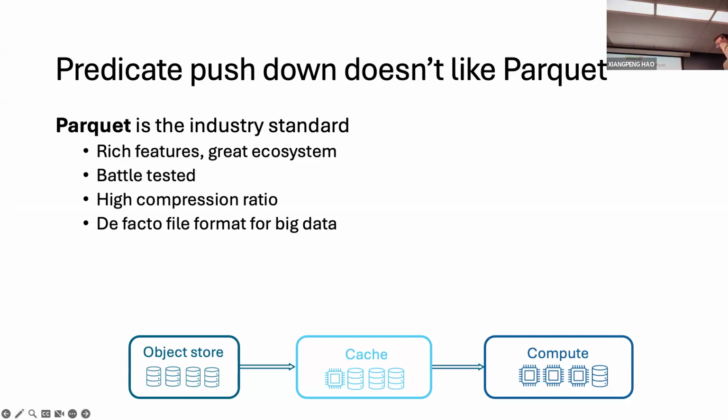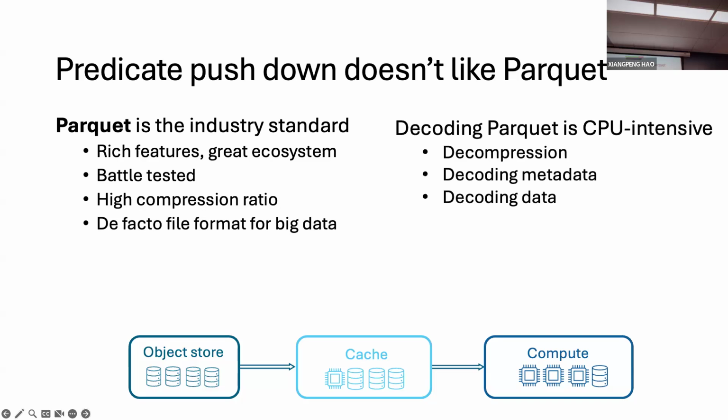It has a rich set of encodings suitable for every workload, and it never loses data, and it compresses well, so when you store files on S3, it's not going to charge a lot of money. It's the de facto file format for big data. So everyone by default uses Parquet unless you have a specific reason like us. And we also use Parquet. We don't change Parquet.